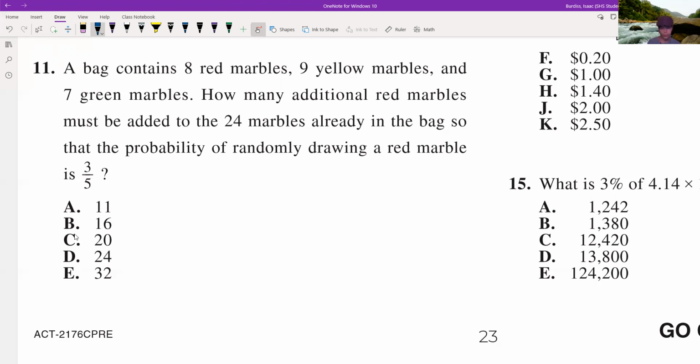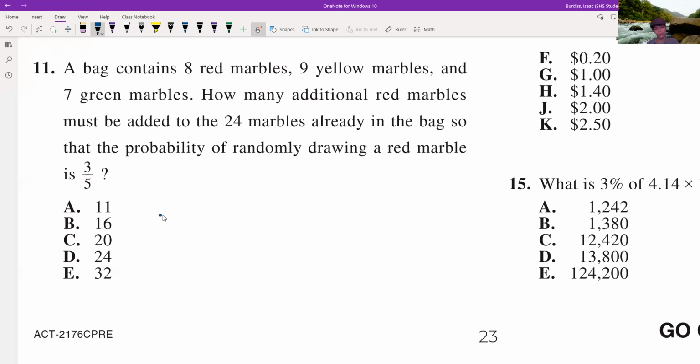Oh, wonderful. This seems like an annoying question, and it is. So it's saying it starts out with 24 marbles. Is that true? 8 plus 9 is 17, plus 7 is 24. Okay, good.